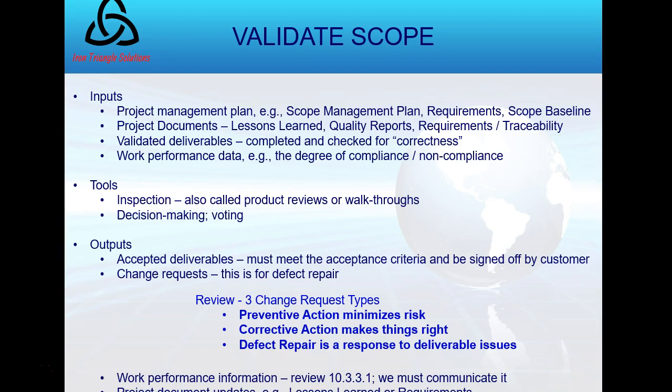As an input, I'm going to bring my validated deliverable. When the PMBOK guide says validated deliverable, it means my quality control proven deliverable, which meets the requirements as we need them including quality requirements. The term used in the PMBOK guide is correctness, that the deliverable is built correctly as we've defined and agreed.